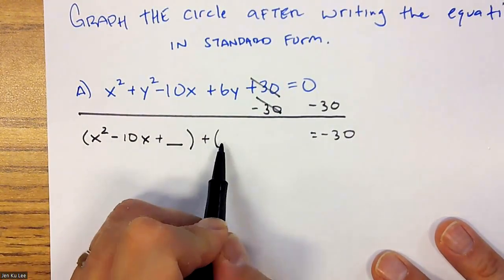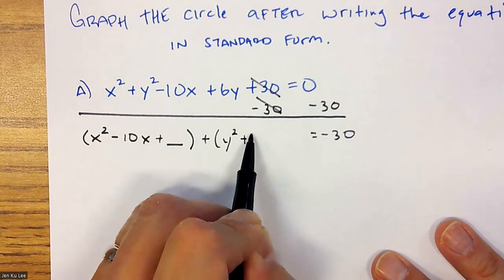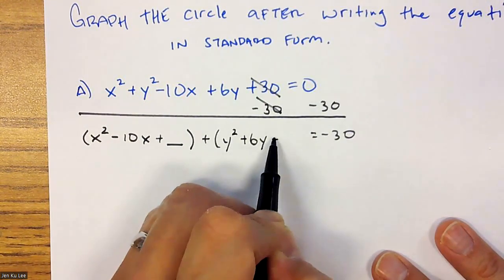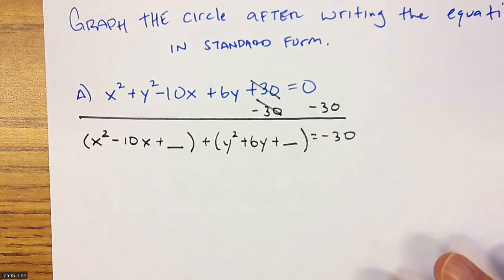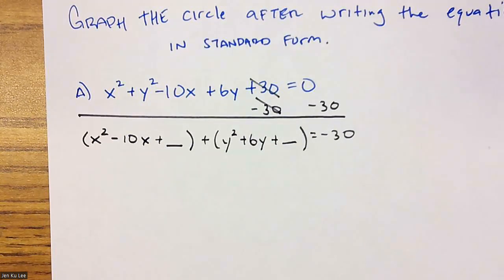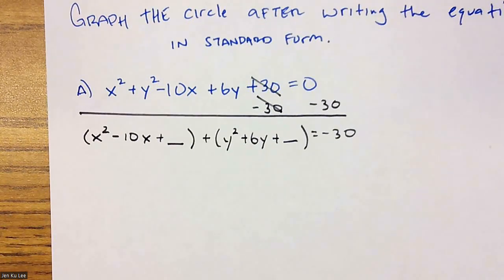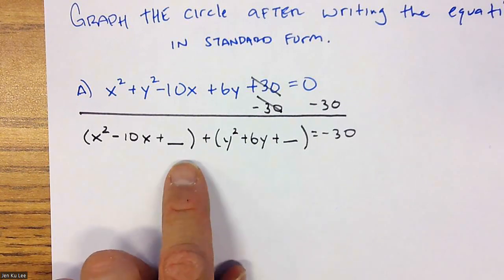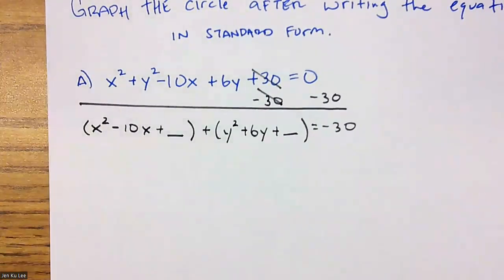Plus y squared plus 6y. Now here, my first step in completing the square is to make sure that my x squared and my y squared coefficients are 1.